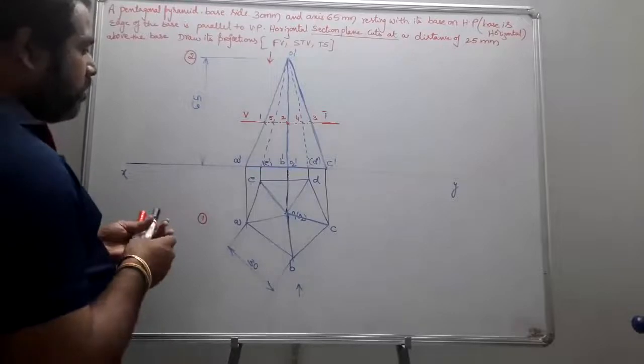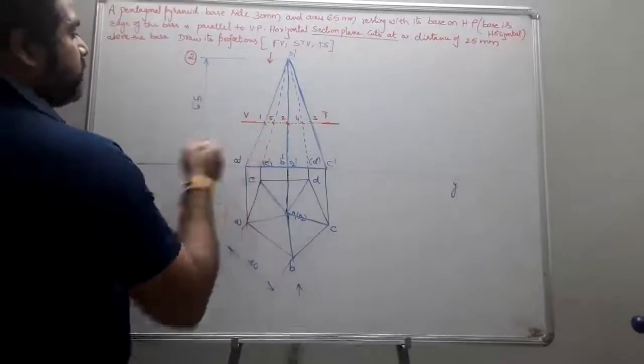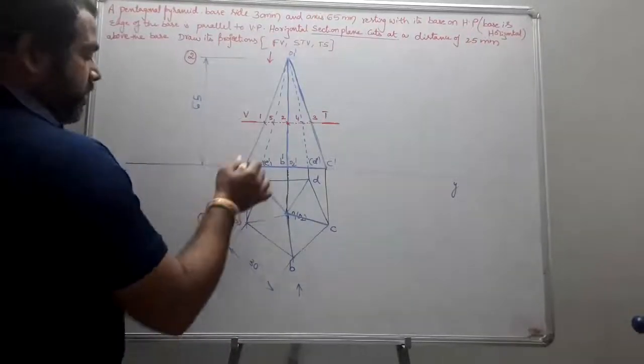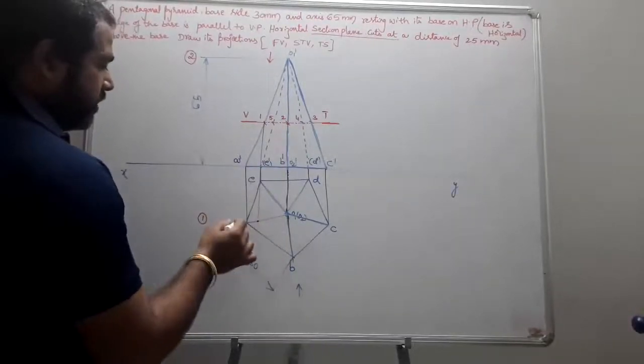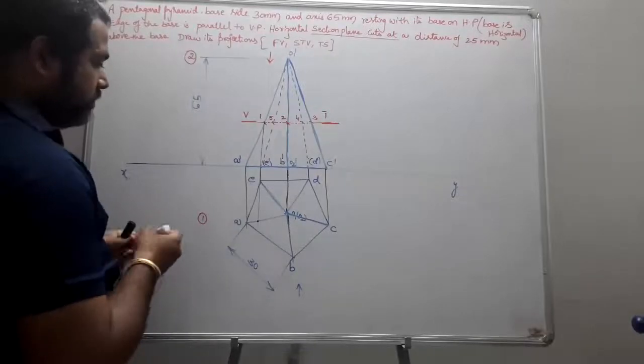One point is on OA, so project that point to OA. This becomes your point 1.